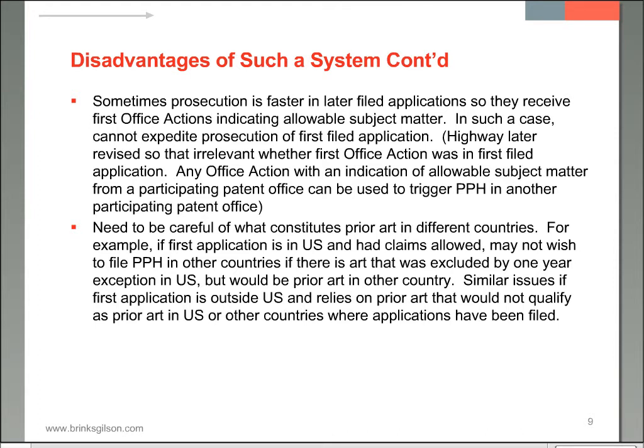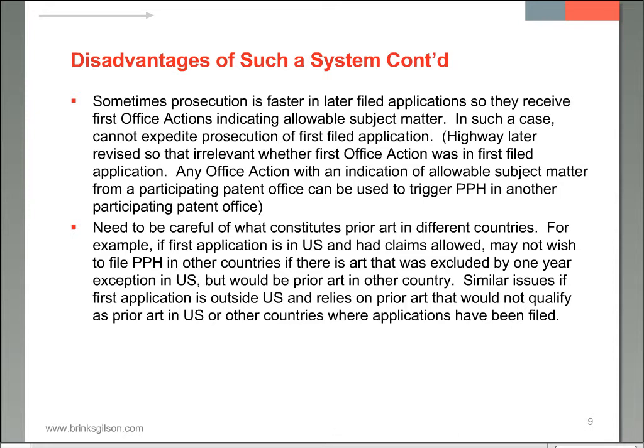There are other disadvantages you should consider with the original version of PPH. For example, it's possible that the first office action can come from the later filed applications. You cannot use such an office action to expedite prosecution of the first filed application or other applications.